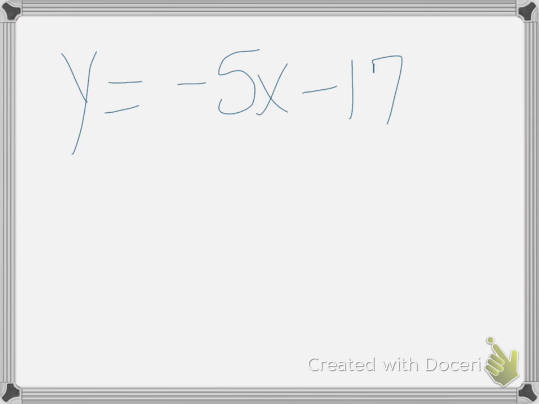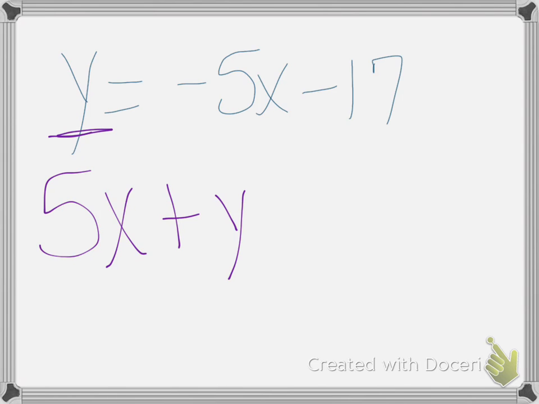Now remember, if you want to use a shortcut method, you think about it. This is a negative 5x. It needs to go first in front of the y. So I'm going to think about it, and it's a negative. How do you move a negative? You make it positive. So then it should be 5x, and this is a positive y, equals negative 17. There you go. Done. Without having to do any work.